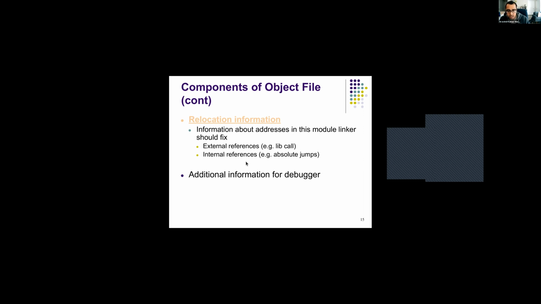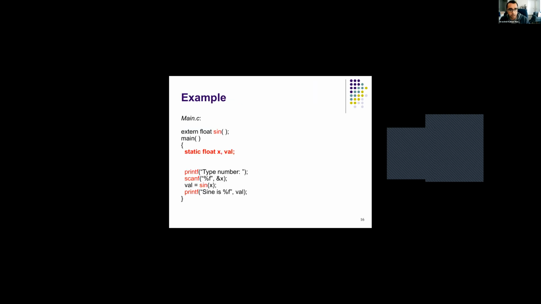The object file also contains other information, for the debugger, that we have seen, like debug symbols, for instance. If we look at main.c, it has various symbols: it has global variables like xval, and it calls external functions.